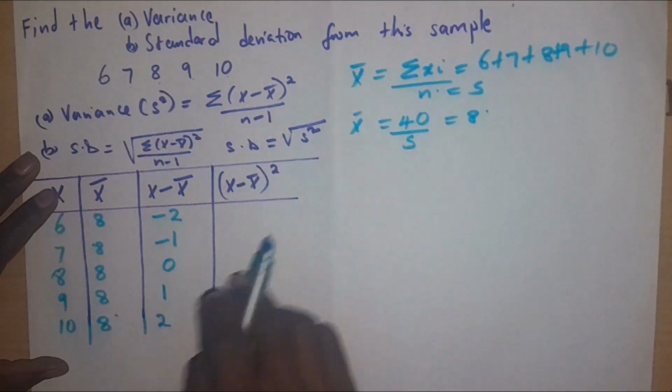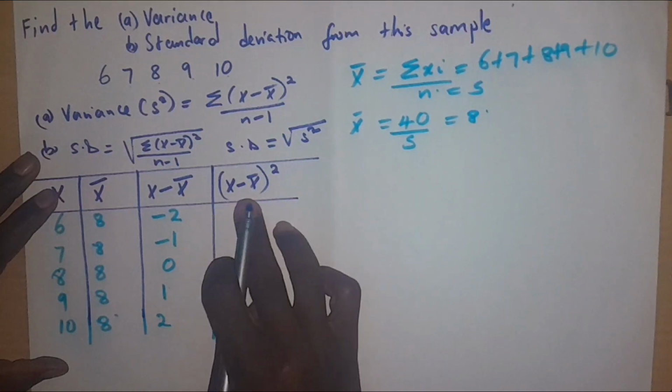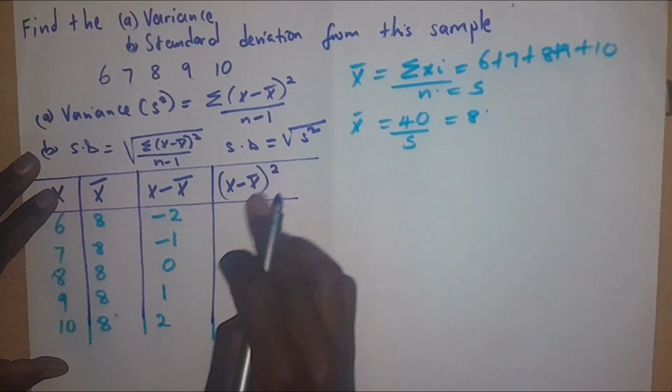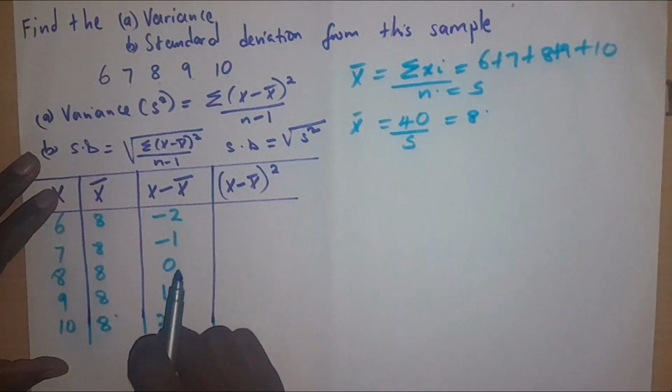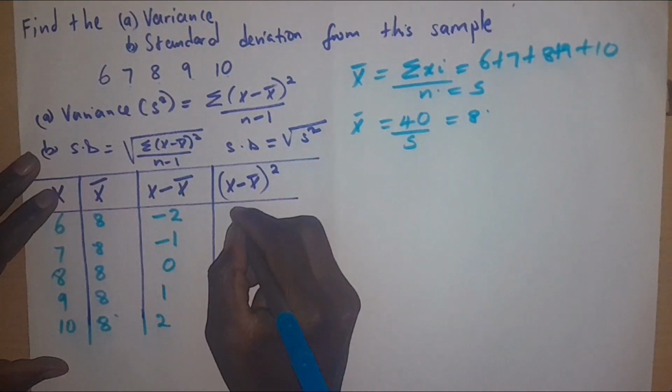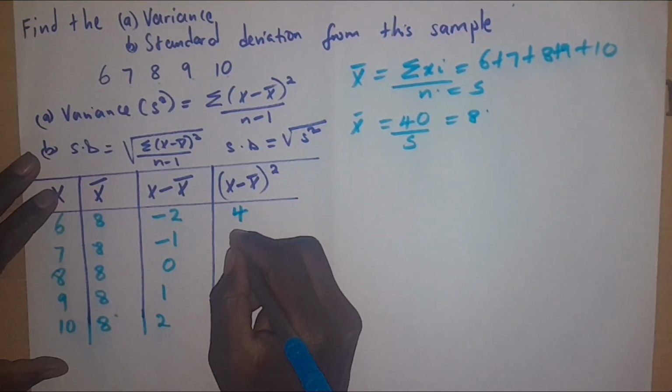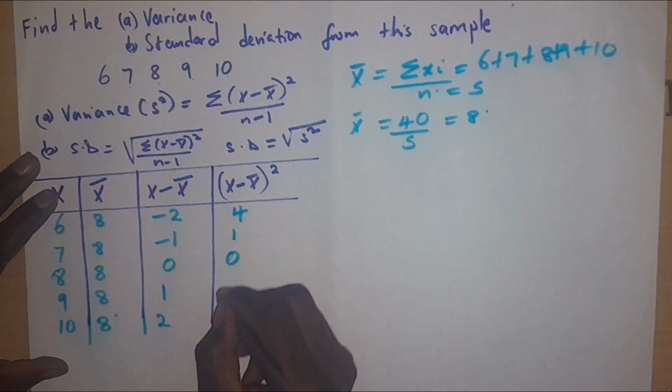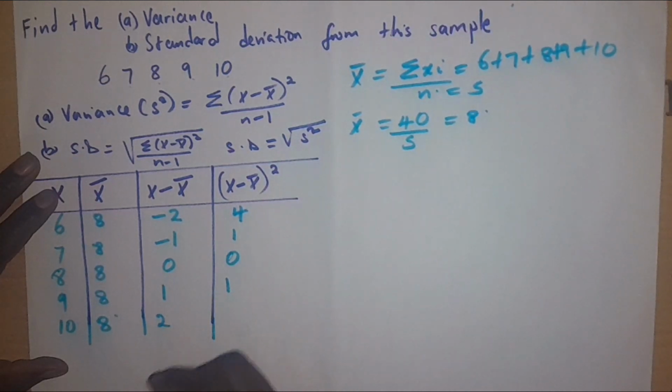Now, for this column, which is each data point minus the mean, all squared, I'm squaring the answers I have here. Negative 2 squared is equal to 4. Negative 1 squared is equal to 1. 0 squared is 0. 1 squared is 1. Then 2 squared is 4.